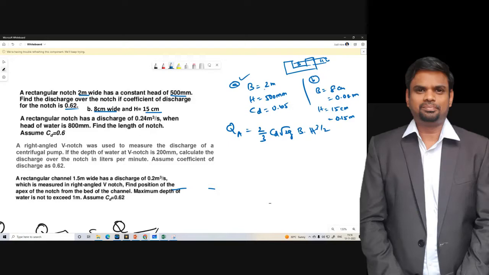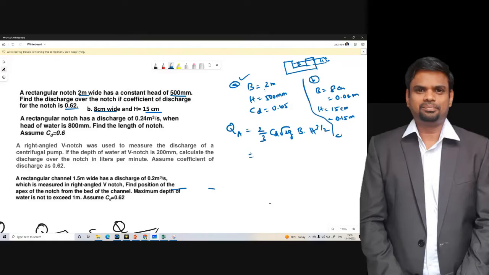So substituting, we will get the answer. It's a straightforward application. You can try it. So what will you substitute? You substitute B equal to 8 centimeters, H equal to 15 centimeters. Let me do it for B part.